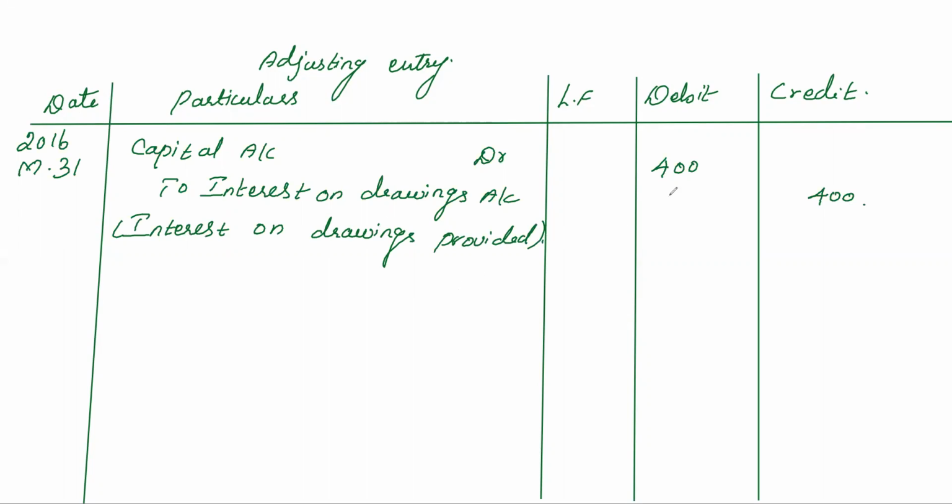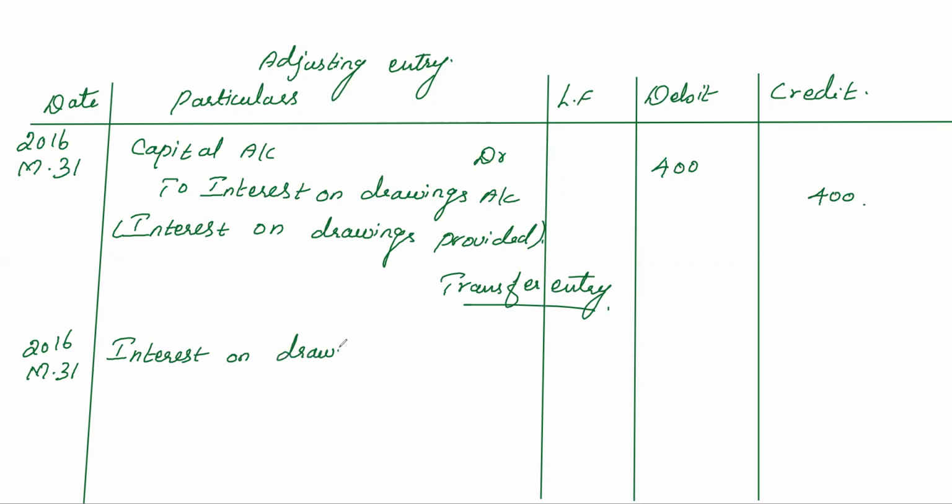Okay, next we prepare the transfer entry. Transfer entry. So same date 2016 March 31. Interest on drawings account debtor to profit and loss account.